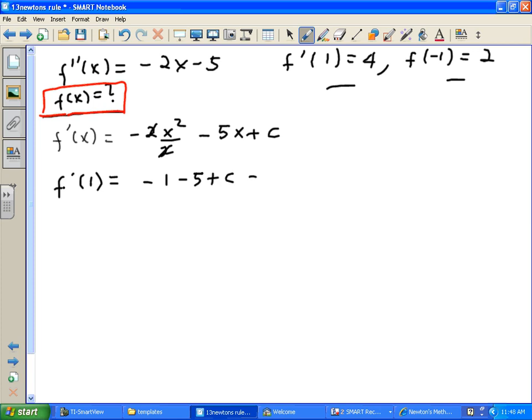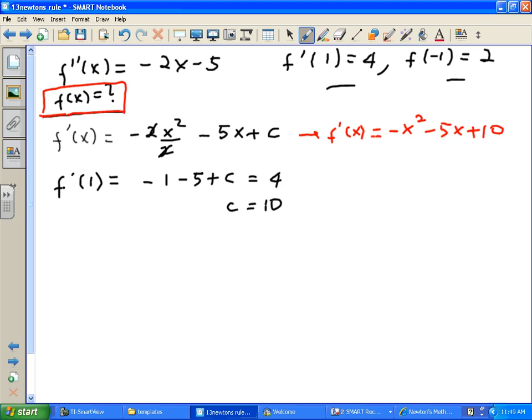And this is equal to 4. So I'm getting that c is equal to 4 plus 6 or 10. With that, I know f prime without any constants involved. Basically, that f prime is negative x squared minus 5x plus 10.